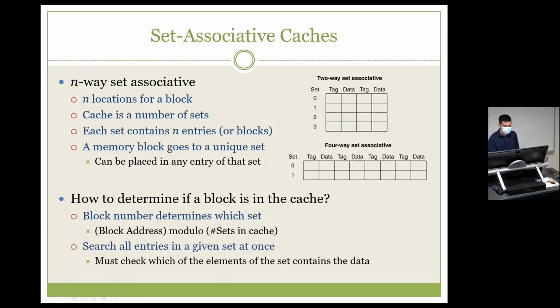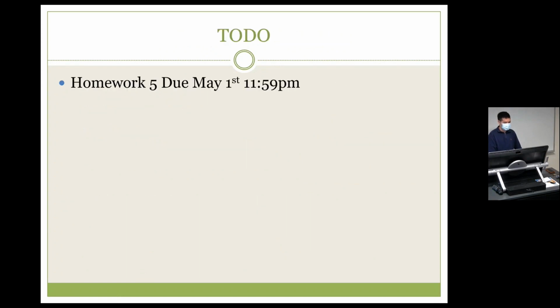And we just need to search all entries in a given set. And we can do this in parallel. Because we have access to this tag at the same time, we don't need to do one comparison, and then if that's wrong, check the other. We can just check them both at the same time. Same thing with this. We have all of this data available to us, so let's just check them all at the same time. It'll be faster. All right, so that was this set. Now we can go on to the next set.